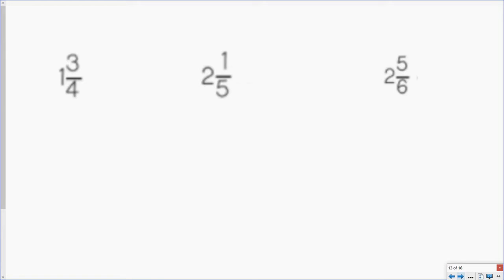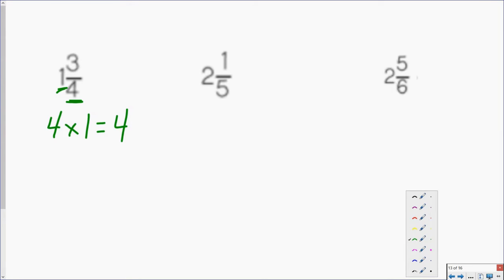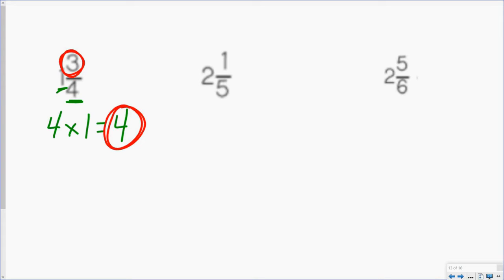Let's take a look at these and do the same thing that we just did. So I'm going to take my 4, my denominator here, and multiply it by the whole number. So 4 times 1 is going to give me 4. And then I am going to add that 4 that I just got to this 3 right here.